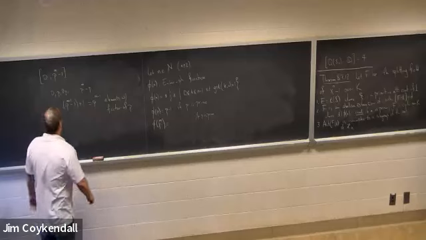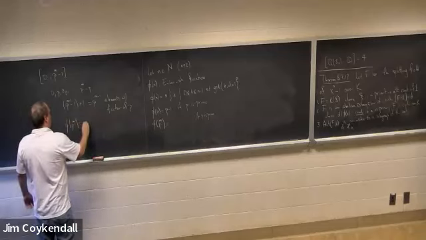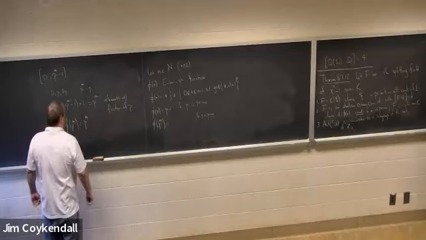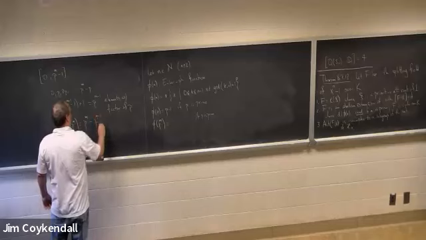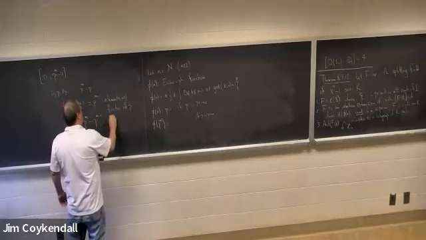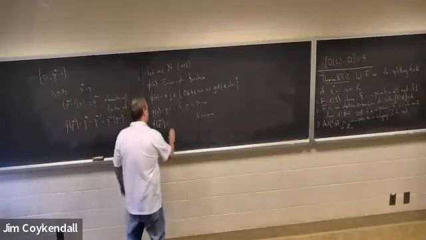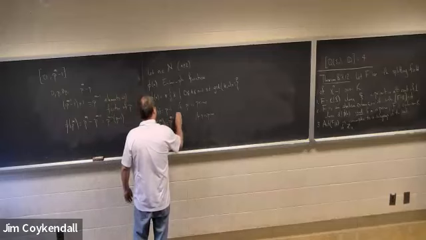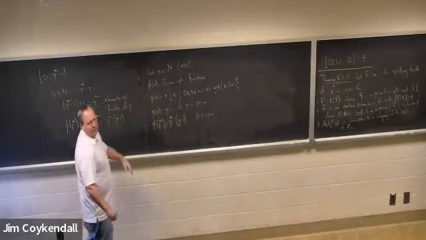So the Euler phi function of p to the m should be p to the m, that's how many elements there are, minus the ones that have a factor of p. So this is p to the m minus p to the m minus 1, which is a nice generalization of the previous one. Notice that when m equals 1, you get the previous.